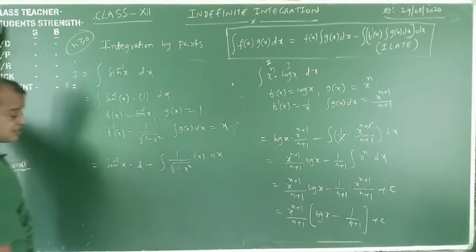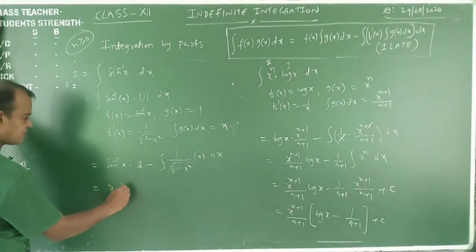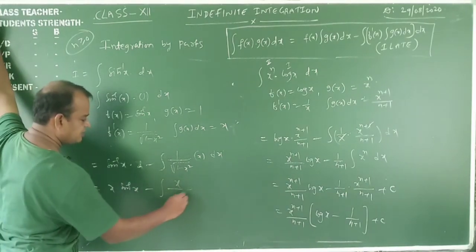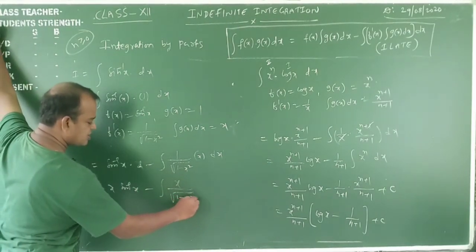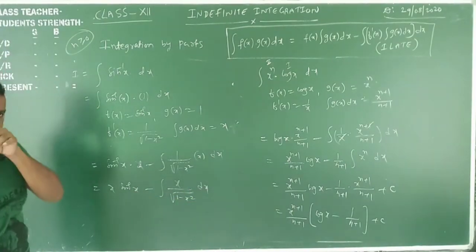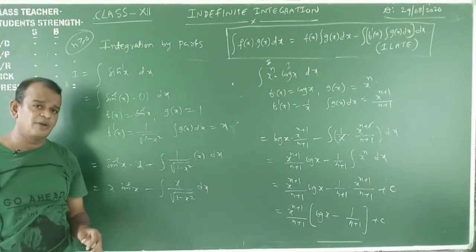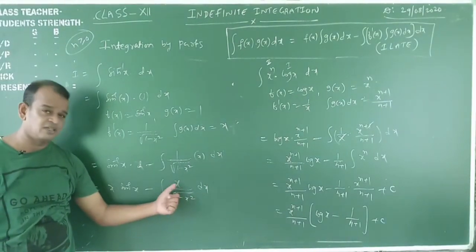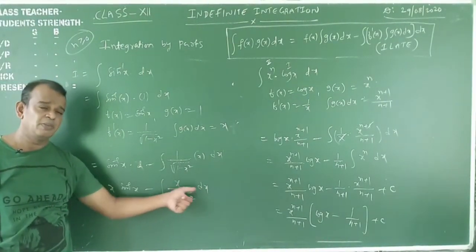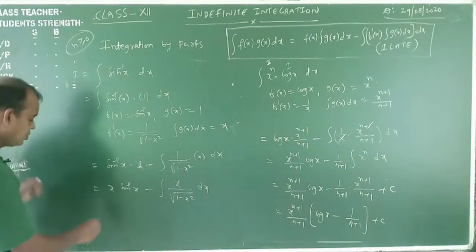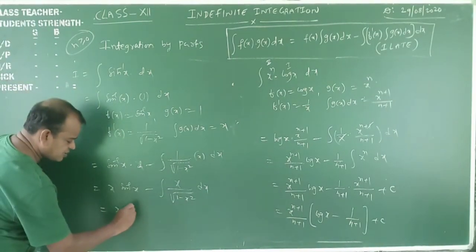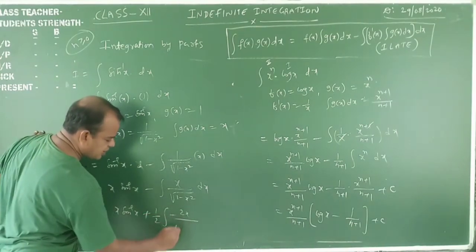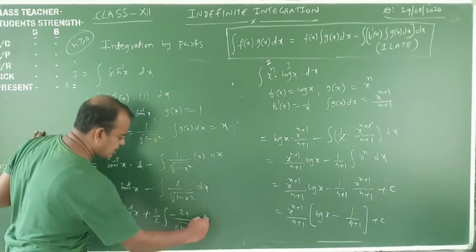Now this is x sin inverse of x minus the integral of x by root over 1 minus x square dx. Actually, the formula f dash of x by root f of x is possible. The derivative of 1 is 0, the derivative of minus x square is minus 2x. Minus 2 is missing, so multiply and divide by minus 2. x sin inverse of x plus 1 by 2 into the integral of minus 2x by root over 1 minus x square dx. Right or wrong?